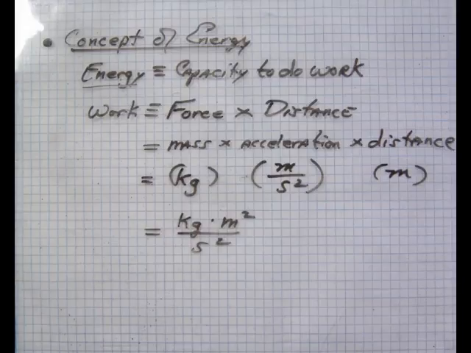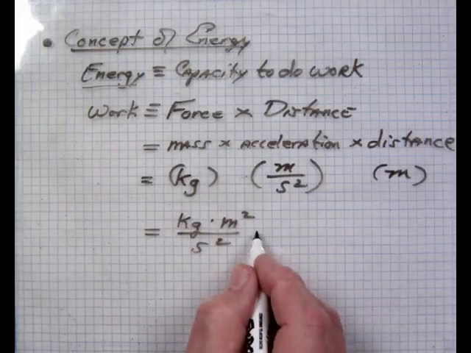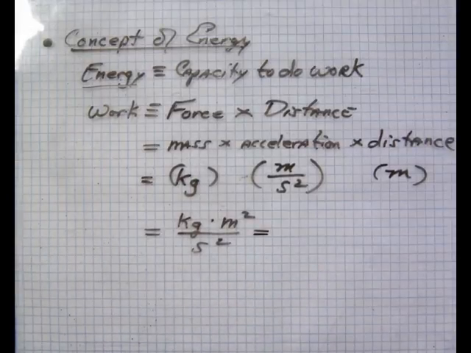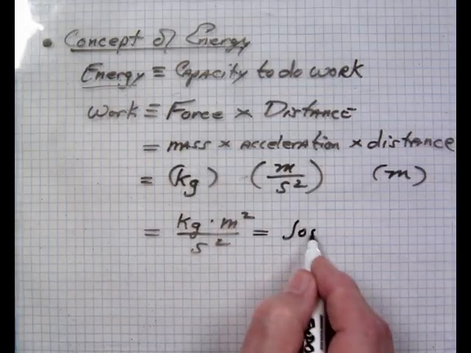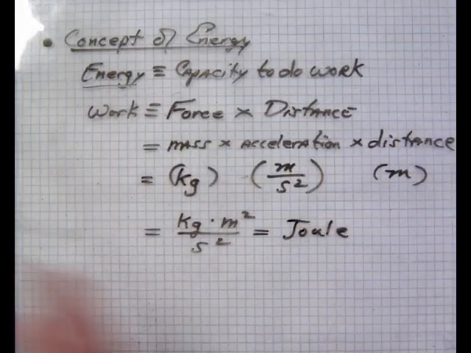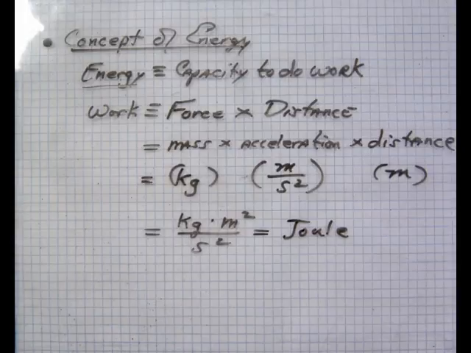So those are the complex units of energy that has evolved from the definition of energy and work. Well, as a complex unit in the early days of thermodynamics, this was redefined as the joule. A joule is 1 kilogram meter squared per second squared.